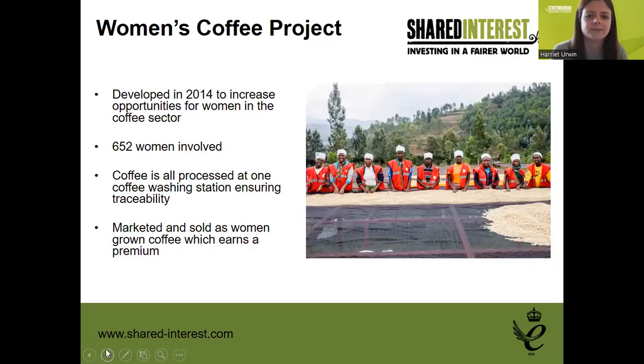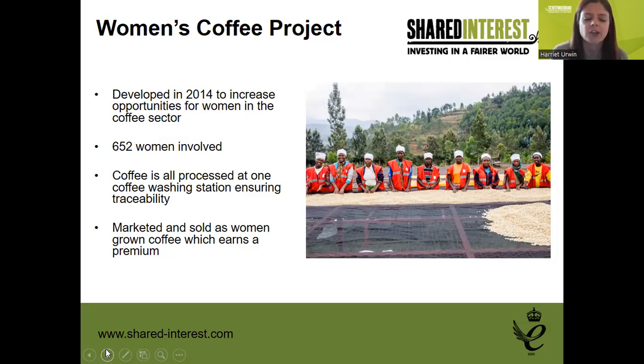Slide, please. Women's development is a key priority of Coakaka, and they've implemented a number of projects to increase opportunities for women in the coffee sector. The most prominent being their Women in Coffee project, which was developed in 2014. Currently there are 652 women involved in the project.